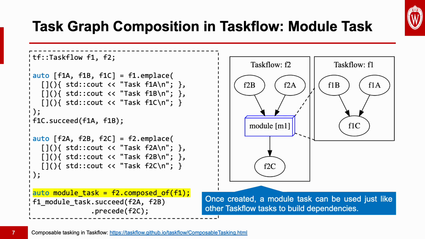So, when we run F2, the scheduler will start with F2A and F2B. When they finish, the scheduler will run Taskflow F1, F1A and F1B and then F1C. Finally, the scheduler goes back to Taskflow F2 and runs F2C. As you can see, composable tasking in Taskflow is very clean and easy to understand.